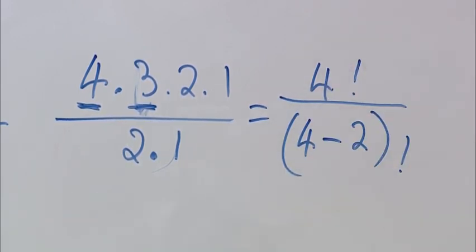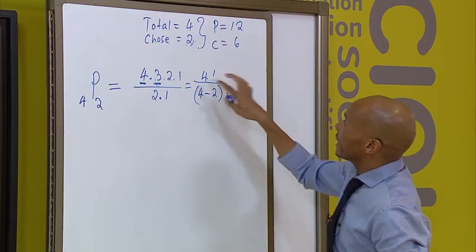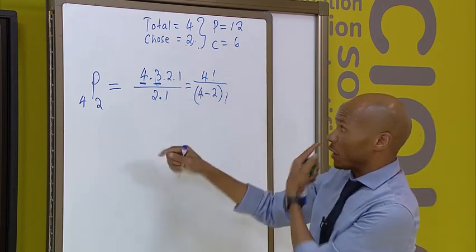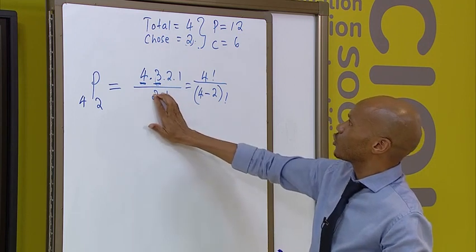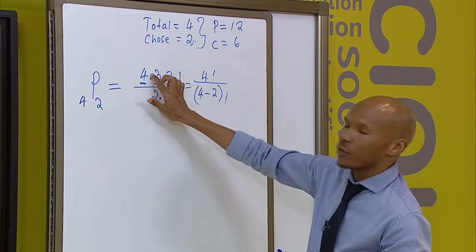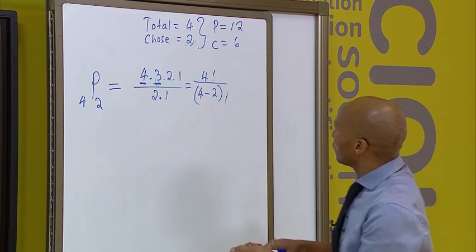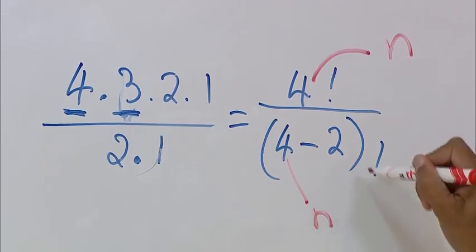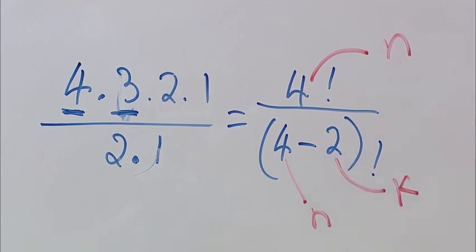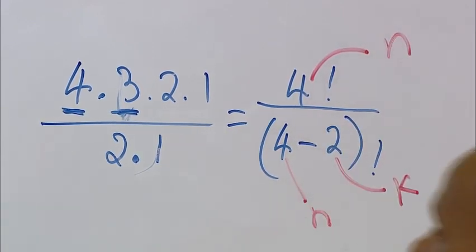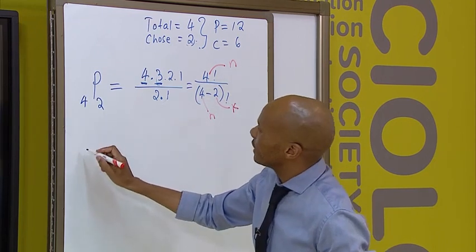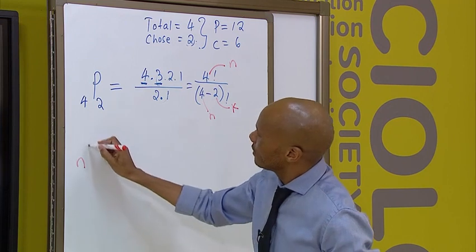So what do we have here? We have this formula here, but let's see if it's going to give us 12. So 4 factorial, let's see if it's going to give us 12. Anyway, we know it's going to give us 12 because 2 times 1 cancel out with that and you get 12. But let's use it. Let's give this n, and let's give that k. And now we're going to use variables here. We know that the total that you're given is n.